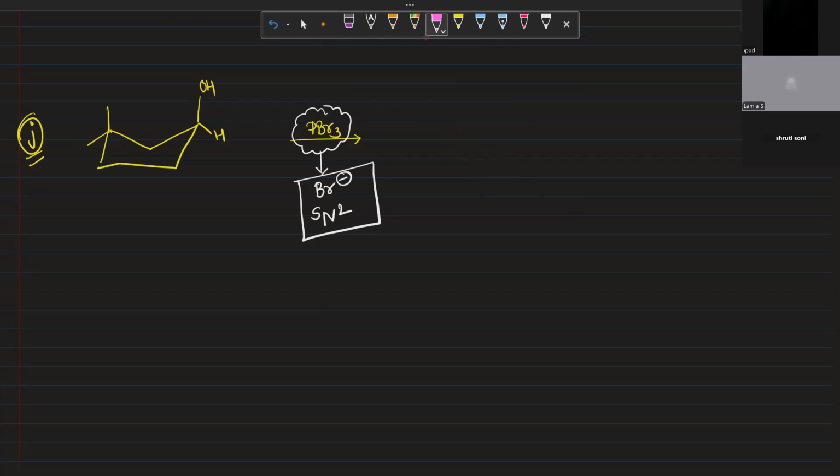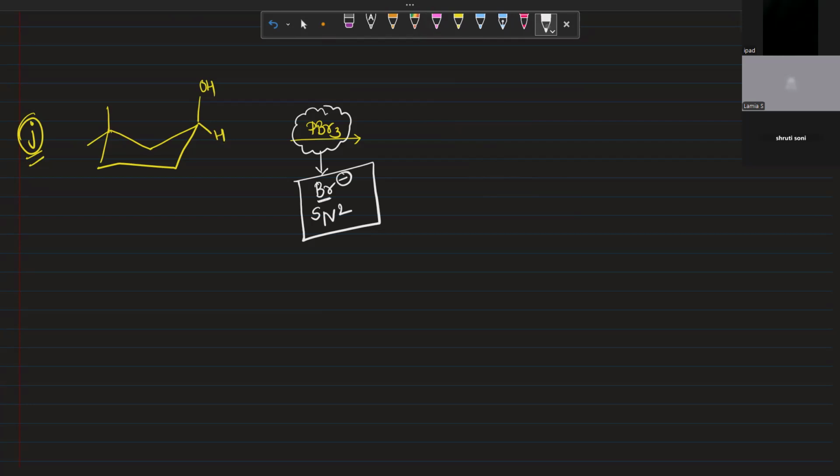If you label that carbon one, you bond there. And then OH would leave, which would cause inversion, right? SN2 means inversion. That's the major thing you need to know. So the configuration of the chiral carbon will change. Absolutely great.